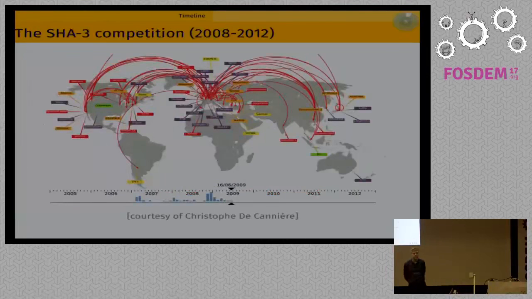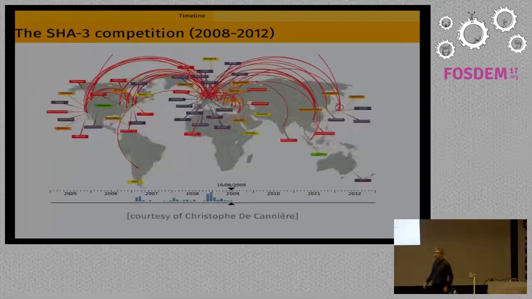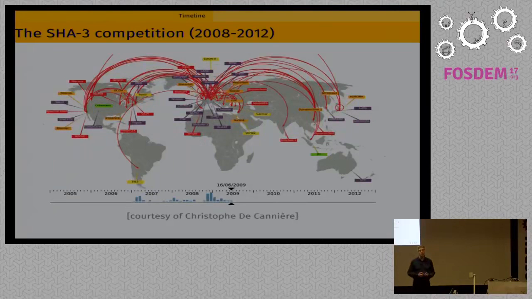So between 2008 and 2012, there was indeed a SHA-3 competition. It was an open competition in the sense that every design was public. Everyone was required to give the rationale of the design and an open source implementation of it. And every team was allowed to try to break and attack any competing design.